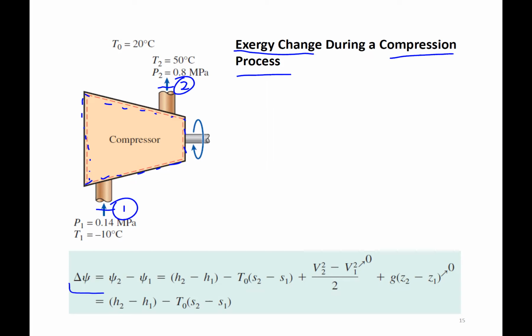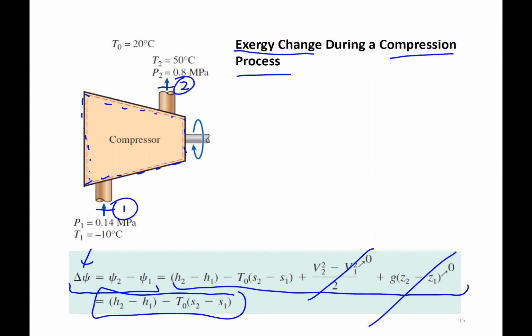The exergy change is 2 minus 1, and we just look at the flow exergy, since we have a flowing fluid. We have the equation we derived from the inlet to the outlet. We can neglect the kinetic energy change from 1 to 2, since it's not much, and potential energy is not there. So we get left with the enthalpy, the dead state temperature, and the change in entropy.